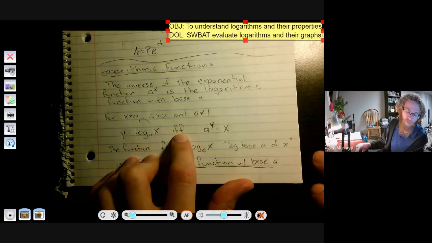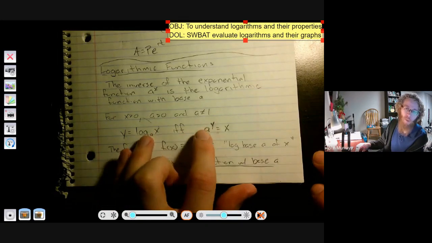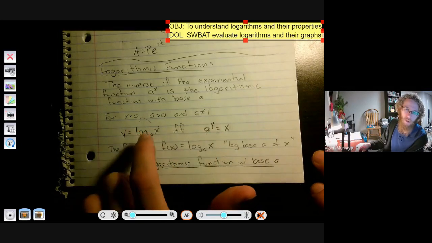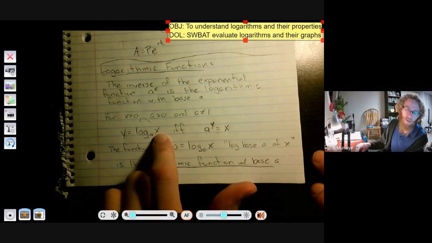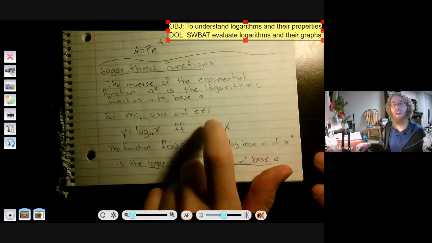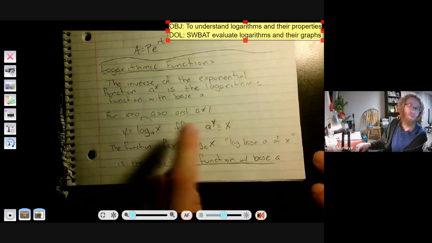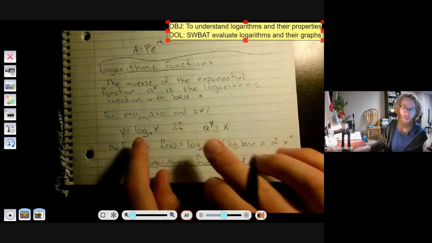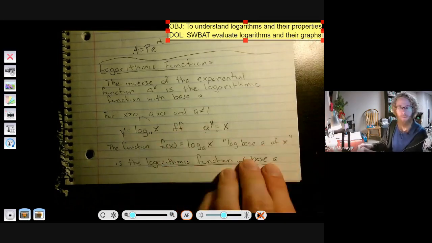Remember that this means if and only if. So both of these parts have to be true. If log base a of x equals y, then a to the y equals x, and the reverse has to be true. So this just means that both of these are very important parts.